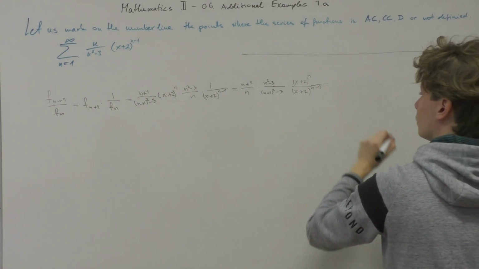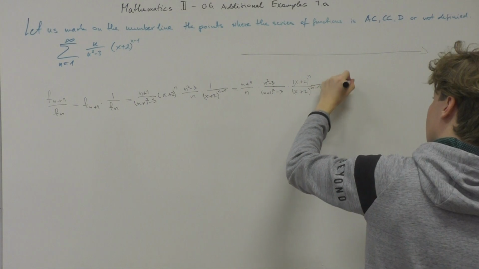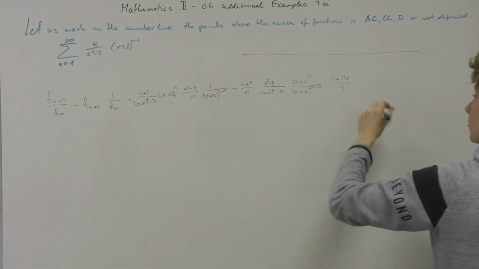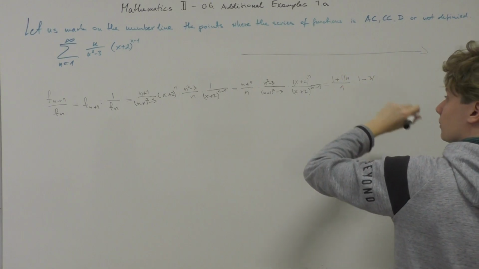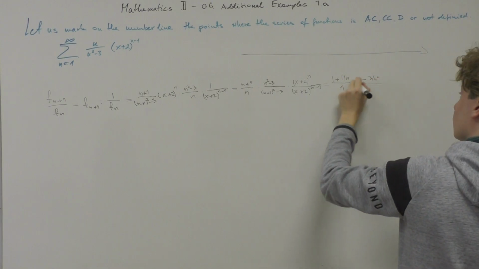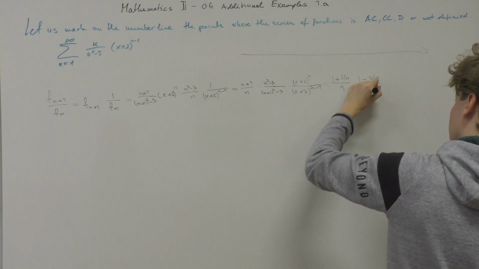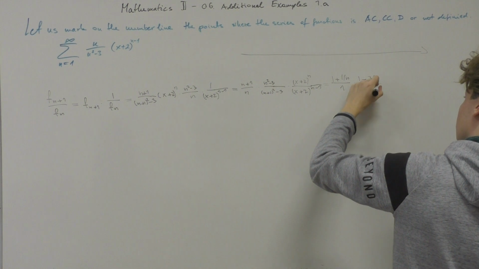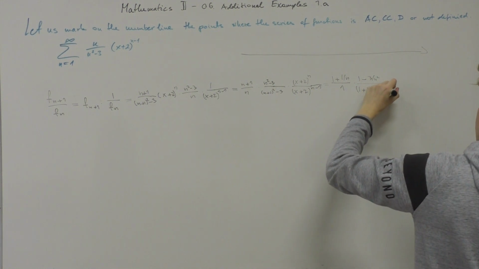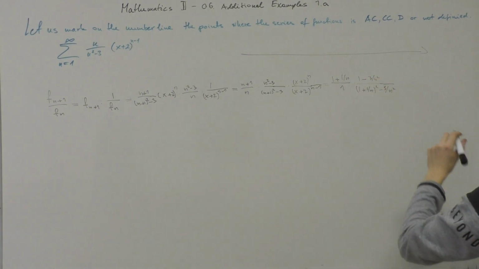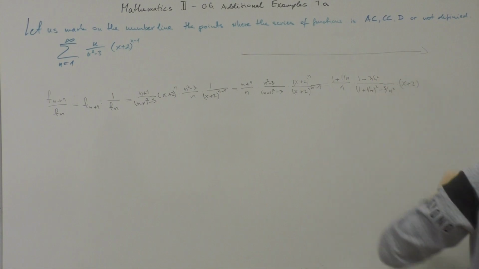And we can further rewrite this as (1 + 1/n) over 1 times (1 - 3/n^2) over ((1 + 1/n)^2 - 3/n^2). And the last one will be x plus 2.